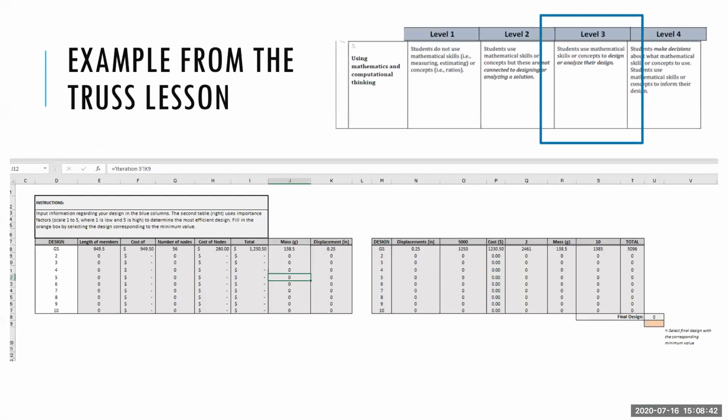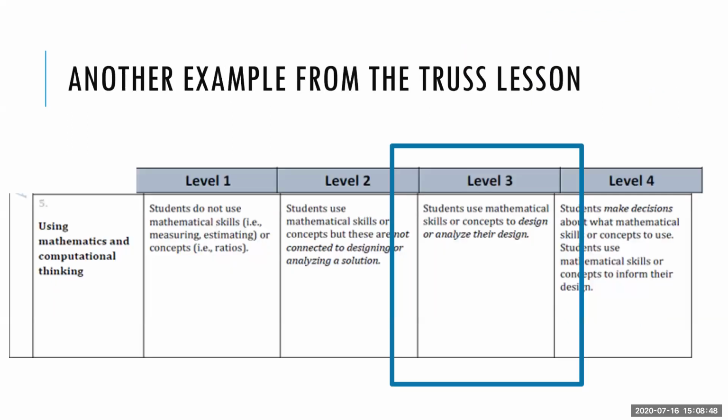Another practice you engaged in was the use of mathematics and computational thinking. You did this when comparing the different iterations. However, in the truss activity, you did not make decisions about which skills or concepts to use. As the designer of the lesson, I used math and computational thinking when trying to figure out a way to compare units that were orders of magnitude different.